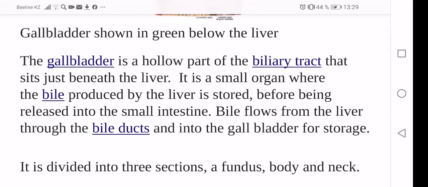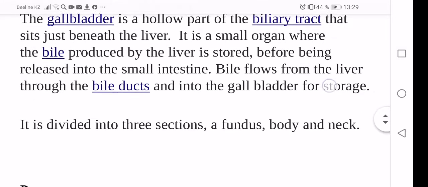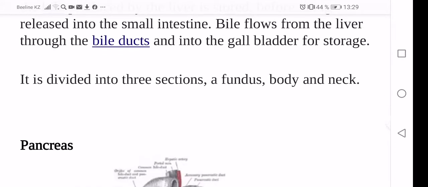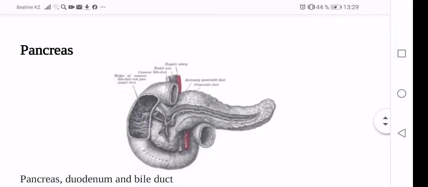It is a small organ where the bile produced by the liver is stored before being released into the small intestine. Bile flows from the liver through the bile ducts and into the gallbladder for storage. It is divided into three sections: a fundus, body, and neck.